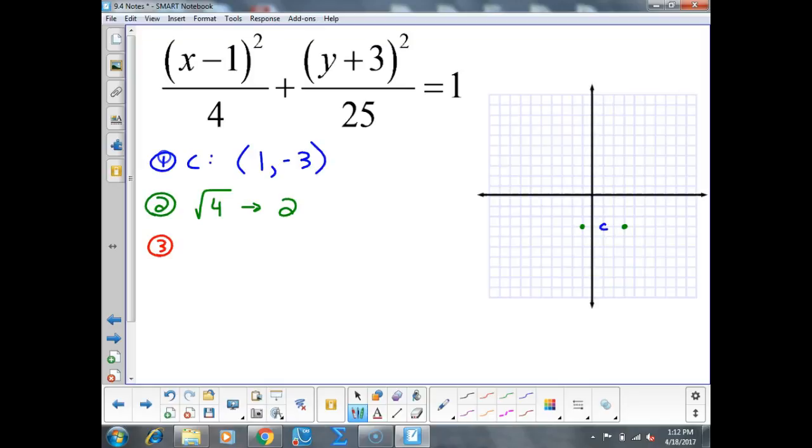What about 25, Kellen? Square root of 25 is?